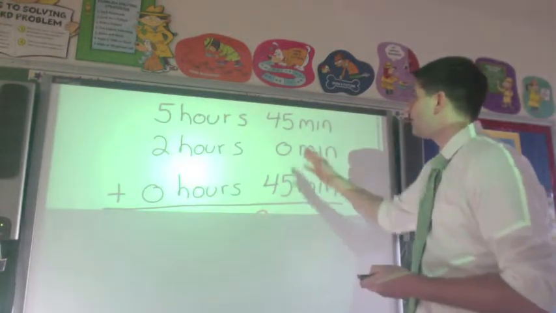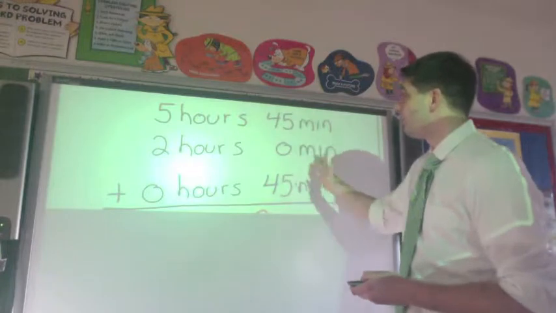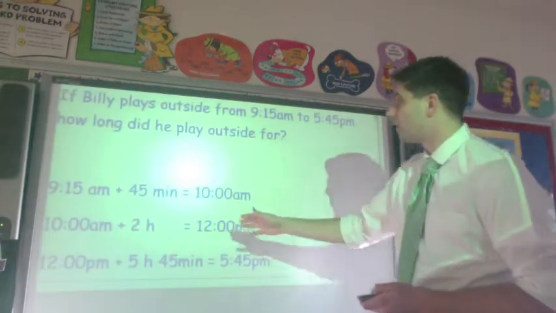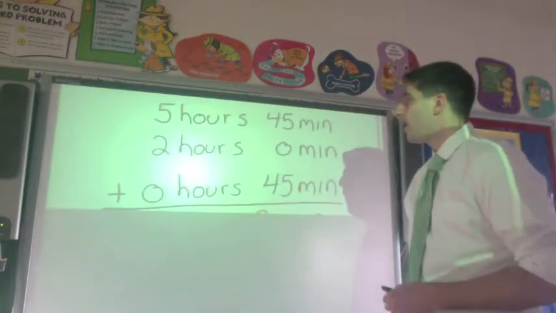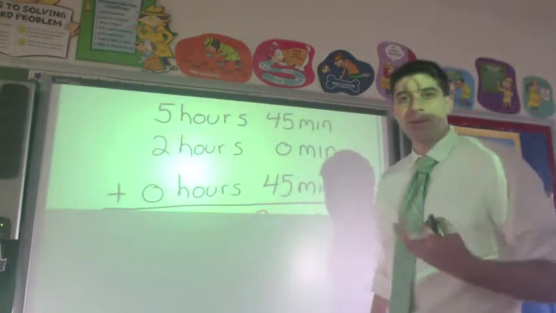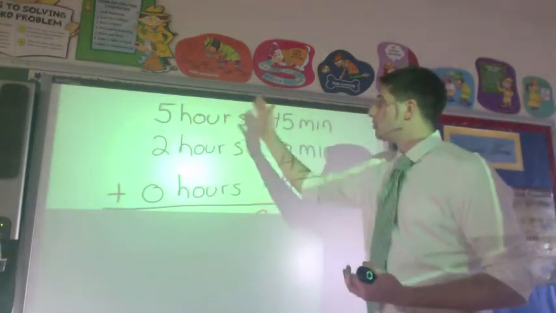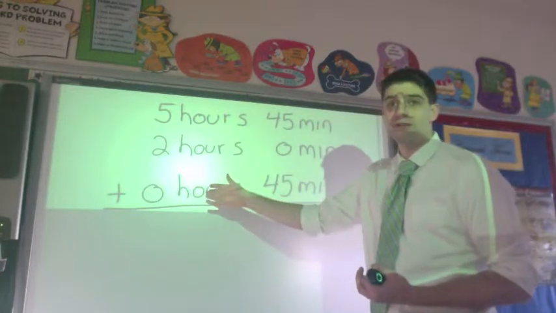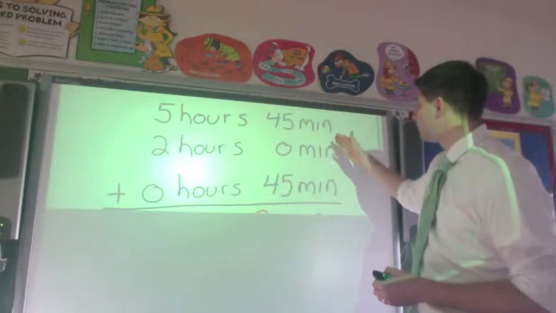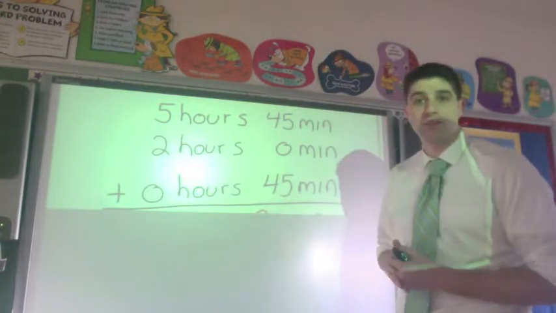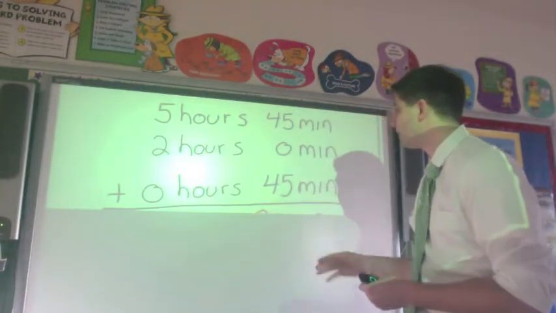Again, I'm getting these numbers from the previous slide. And now I'm going to add up my hours. 5 hours plus 2 hours plus 0 hours gives me 7 hours. And 45 minutes plus 0 minutes plus 45 minutes gives me 90 minutes.